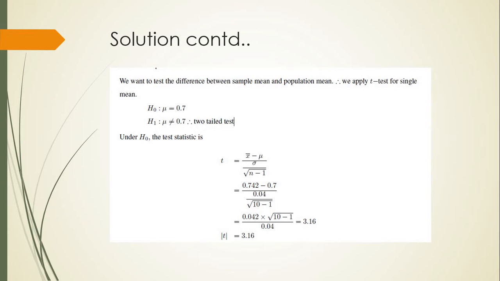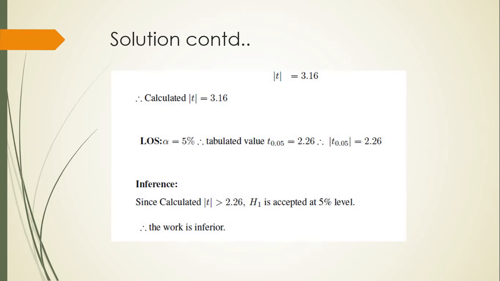We have to take both tails. So under H0, the test statistic is t equals (x bar minus mu) divided by sigma over root of n minus 1. Solving it, we get t as 3.16. So the calculated t is 3.16. The level of significance alpha is 5%, and the tabulated value of t at 0.05 is 2.26, which we got from the table.